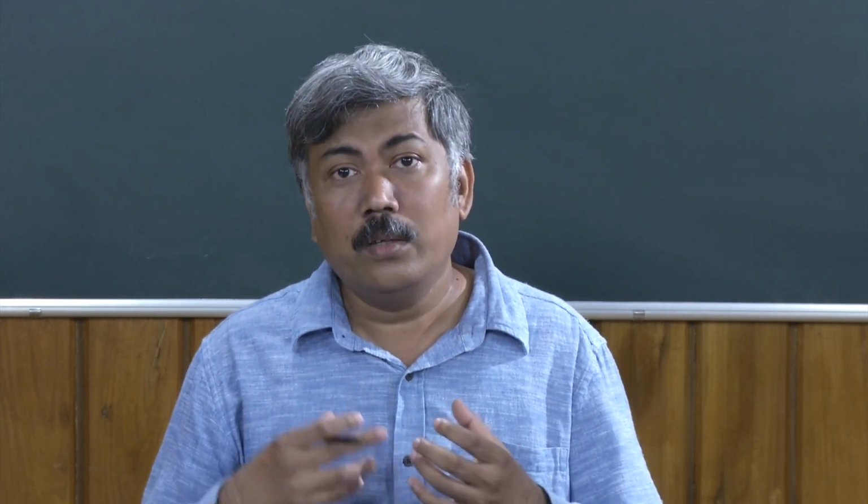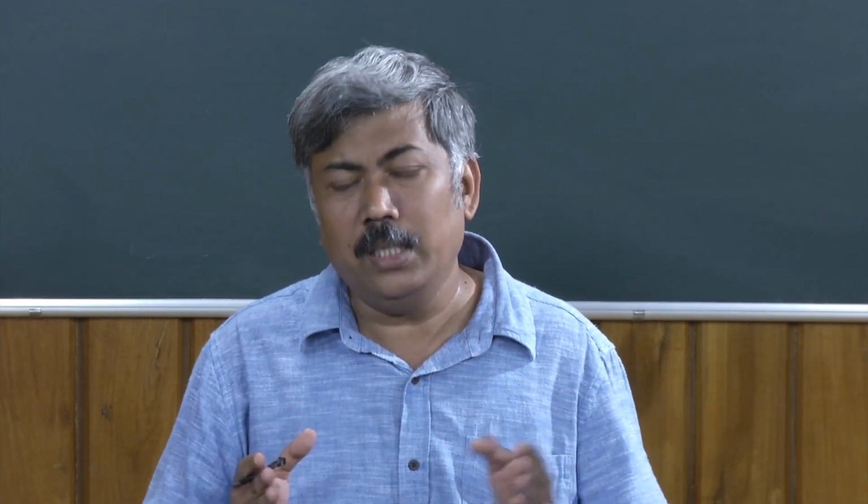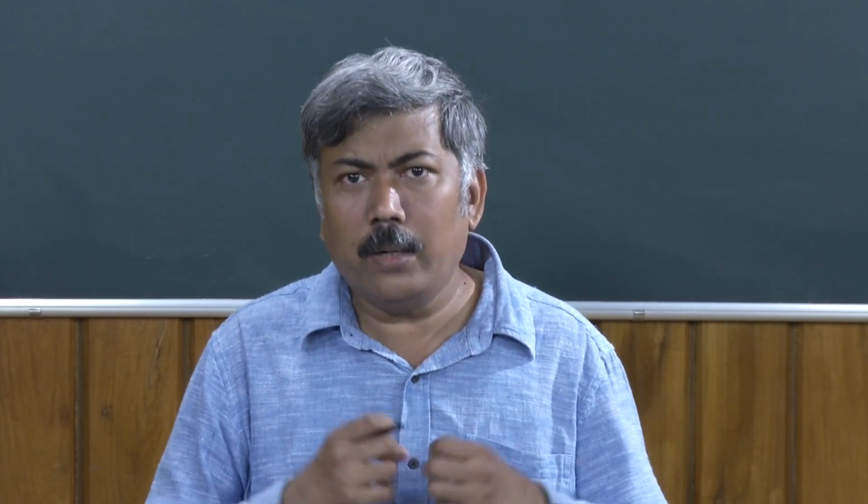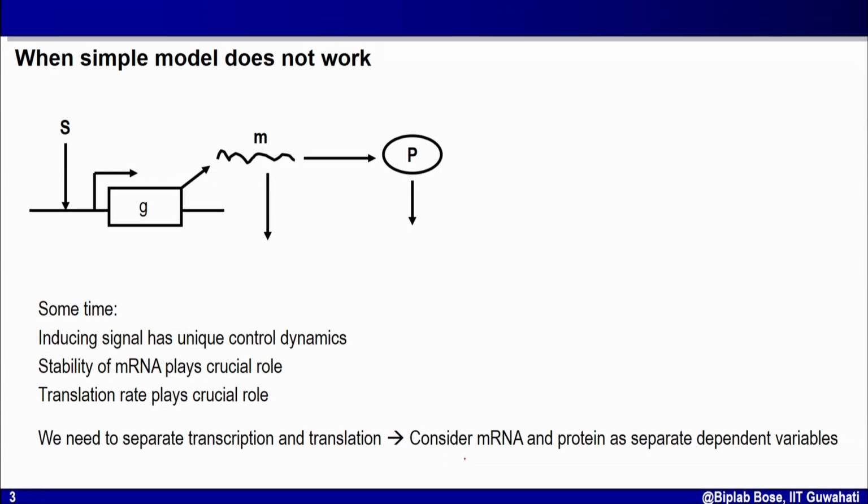Similarly, if I want to look into the rate of translation as a separate parameter, and study the effect of different rates of translation on the dynamics of the protein, then I may have to separate out transcription and translation and write the ODEs separately. If I separate them out, then I will consider mRNA and protein as separate dependent variables. So I will write one ODE for mRNA, one ODE for the protein. Let us try to do that.